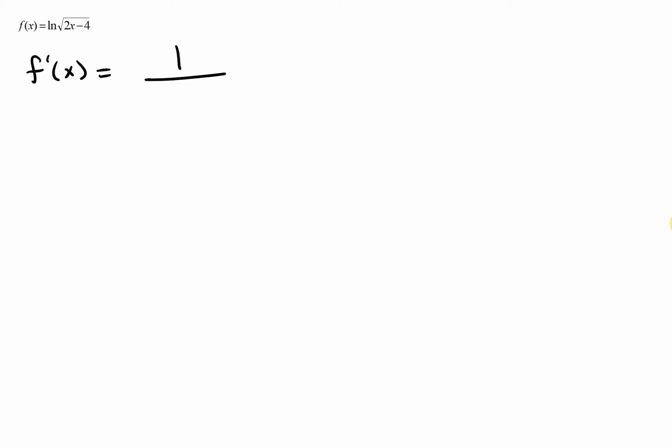It's just 1 over the square root of 2x minus 4, times the derivative of the inside. This part right here, we may consider adjusting. Let's write it like this. Let's suppose u equals 2x minus 4 to the 1/2 power, and I want to find u prime, because that's what I'm going to need.